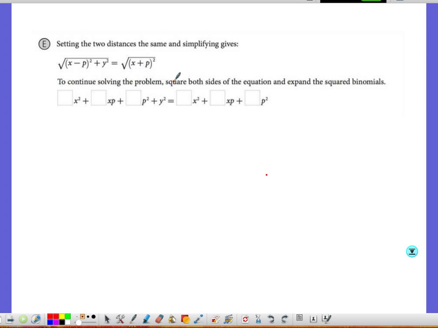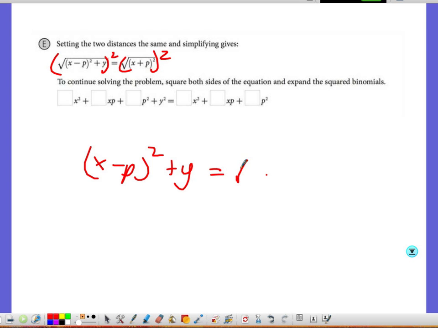To continue solving the problem, square both sides of the equation and expand the squared binomials. So basically what we're doing here is squaring both sides to get rid of the square roots, and we have (x - p) squared plus y squared is equal to (x + p) squared.